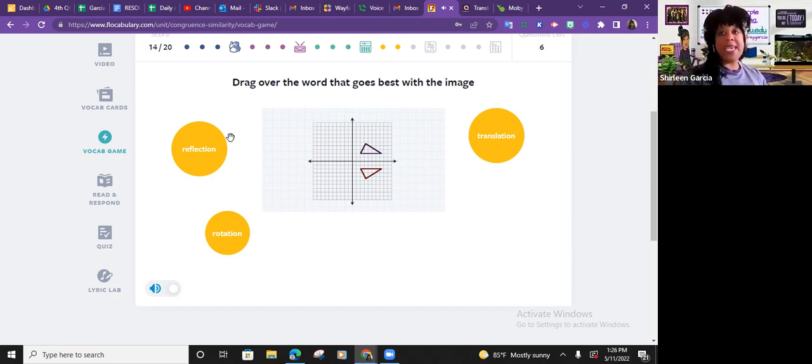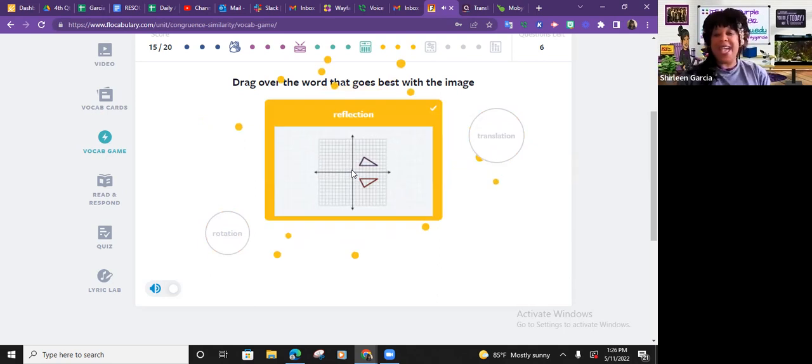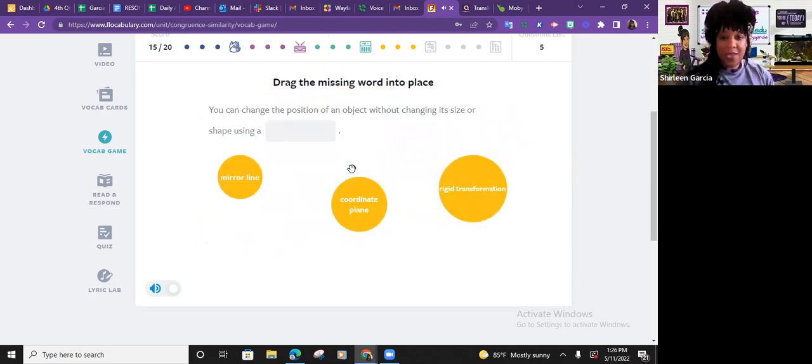As a matter of fact, it is exactly the same shape and size. Yes! Good job. You can change the position of an object without changing its size or shape using what? Mirror line, a coordinate plane, or a rigid transformation?